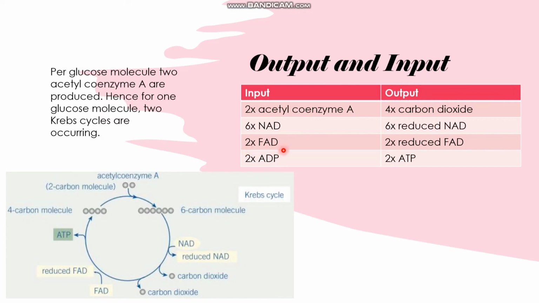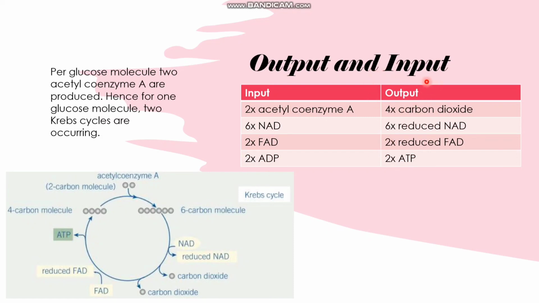We have 2 FAD, 1 FAD per Krebs cycle, because we need to be able to reduce our FAD. And we have 2 ADP because we need to be able to phosphorylate our ADP to form our ATP, so it's 1 ADP per Krebs cycle.